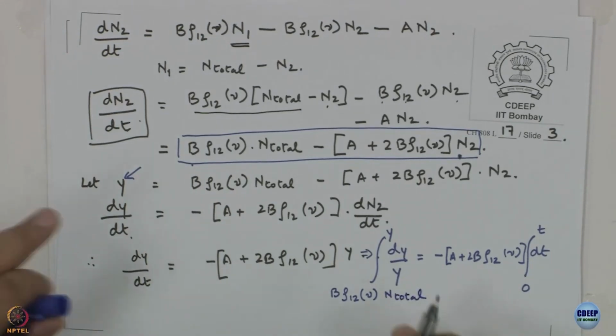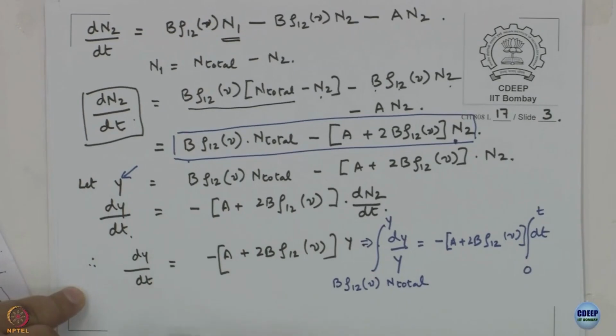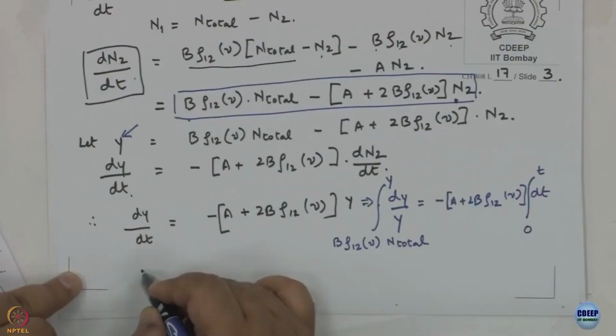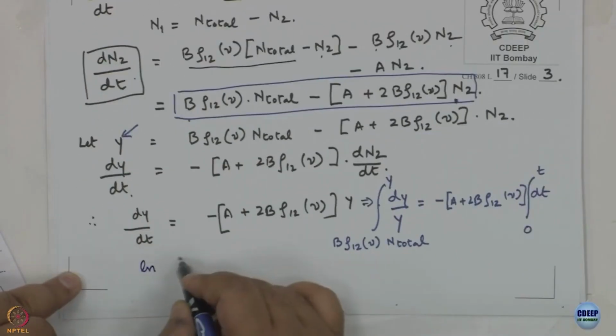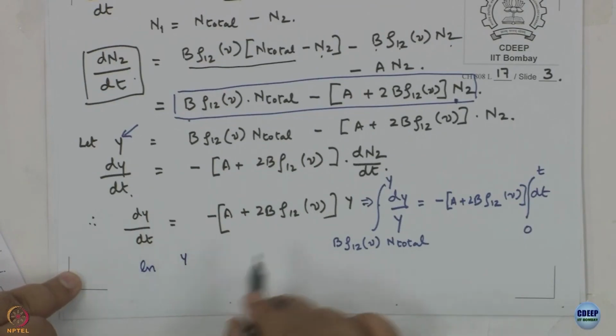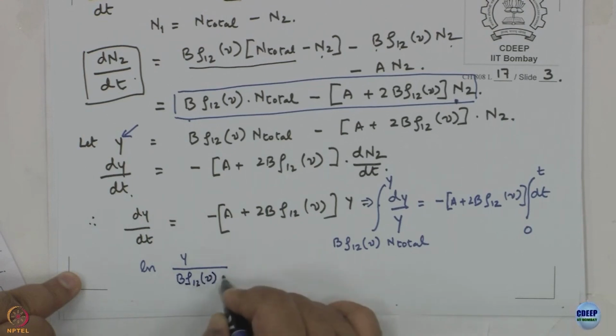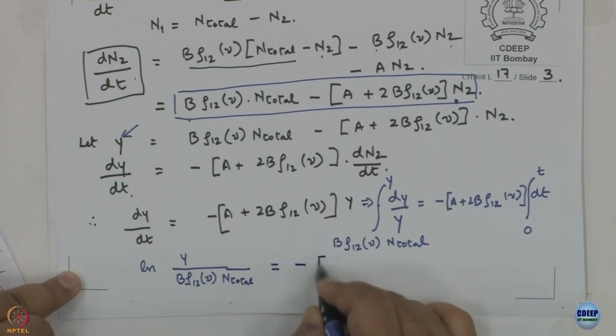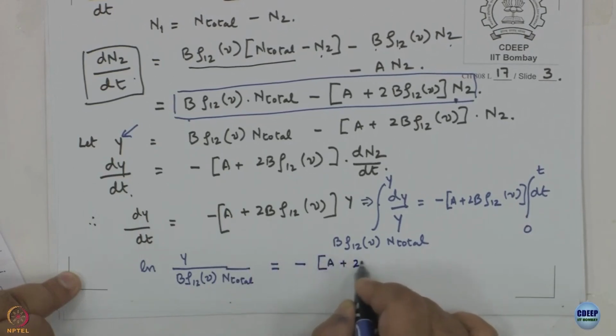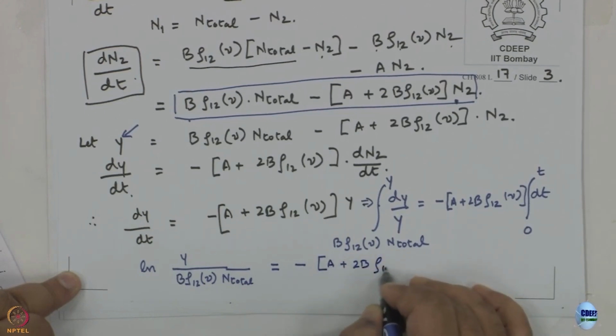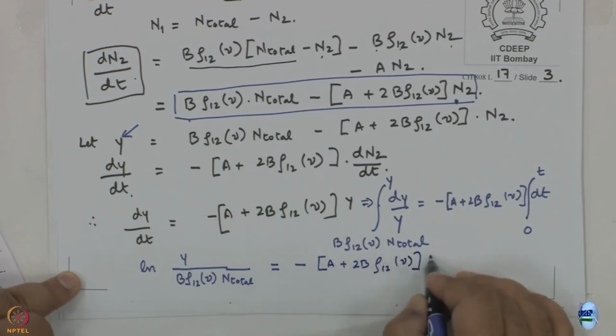Are you okay? Rest is simple. Now, just write the result. Left hand side will be ln y, I will still keep it at y, but then we will change later on, divided by b rho 1 2 of nu n total, is equal to minus a plus 2b rho 1 2 of nu t.